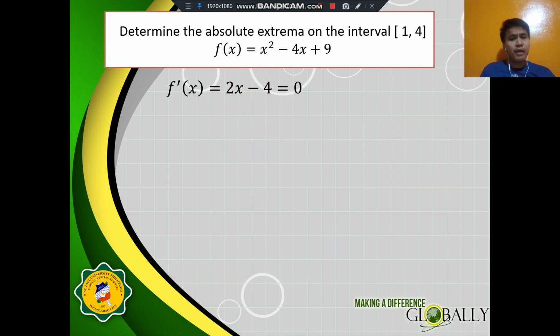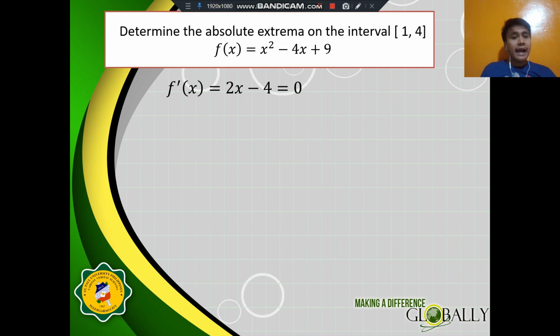Some of you might be thinking, why 2x? Because the derivative of x squared is 2x, and then the derivative of negative 4x is negative 4, and then the derivative of a constant is 0.